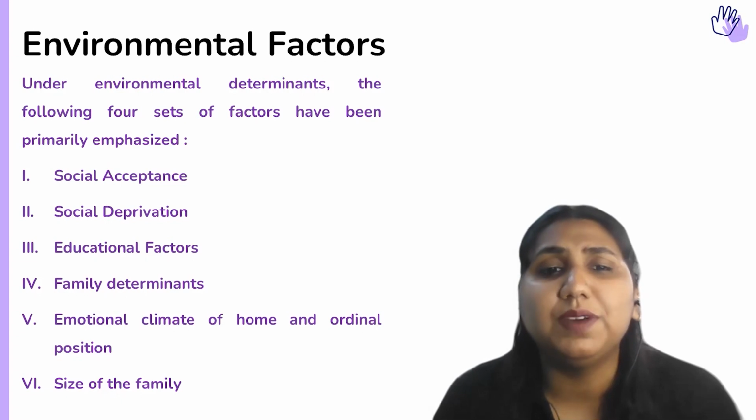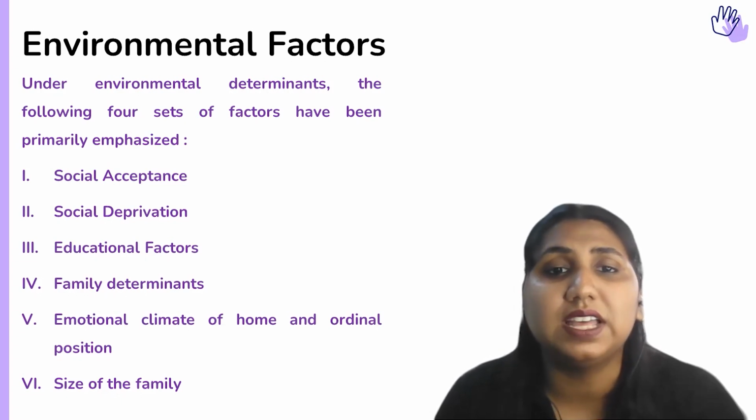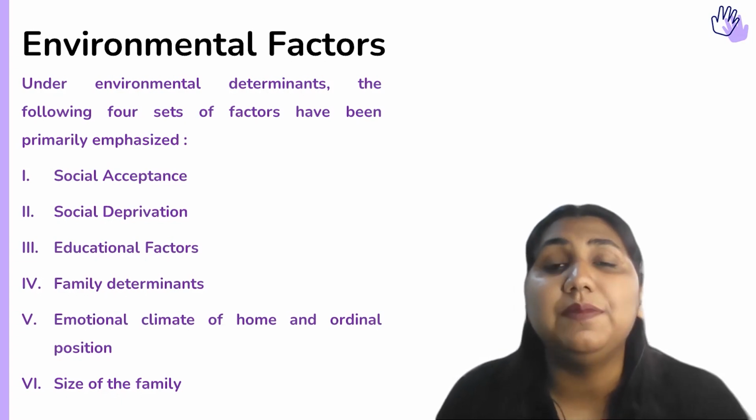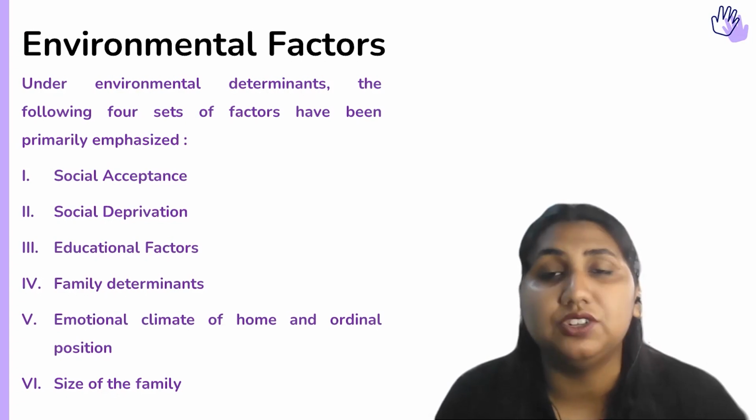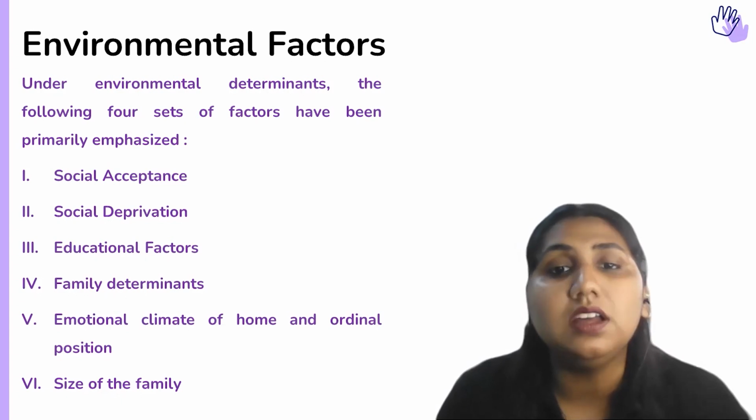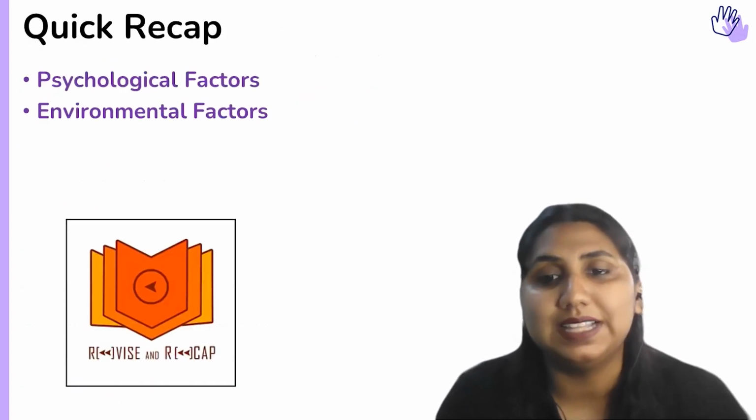So there would be a lot of competition as well, because there are going to be several children who would want the parental attention. The child may have to compete with various other factors. So remember that family size is also something which determines the development of personality.